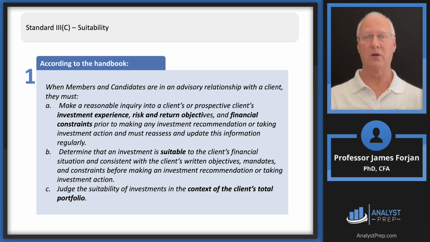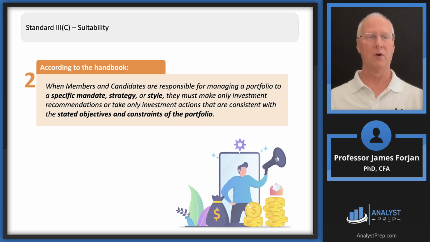So suitable, that's a great word here, the suitability of this. And once again, notice the part C was an emphasis of a point that I made just a minute or 2 ago, context of the client's total portfolio. Remember, I have made that conversation about the correlation coefficients.